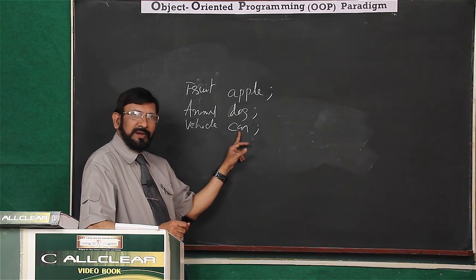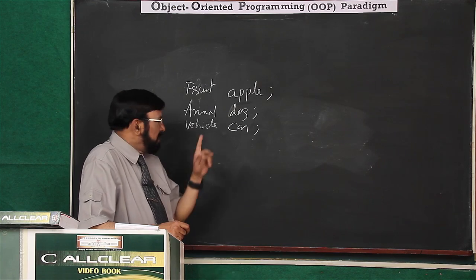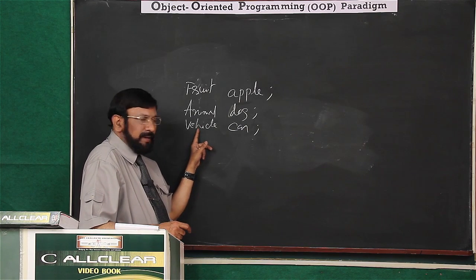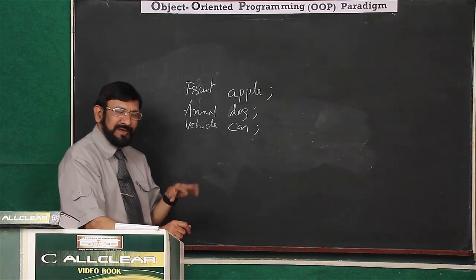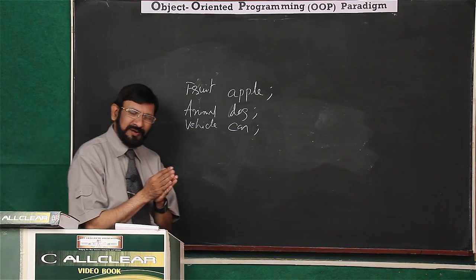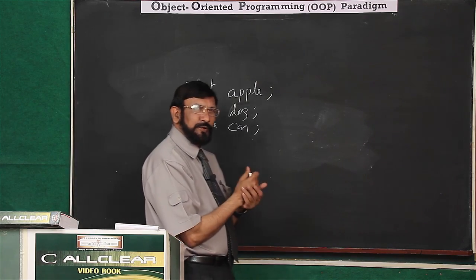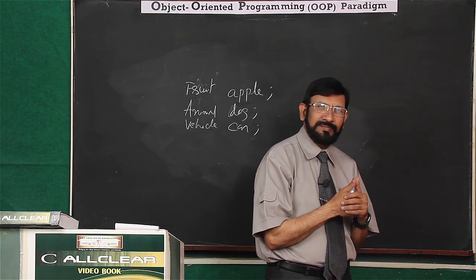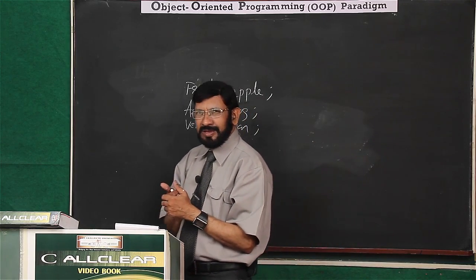Here, what can you tell? Car has four wheels. Understand? Here it is abstract, but here it is realistic. And one more thing about abstract. What is abstract? I have to explain. I ask you, you know what a vehicle is. Can you draw the picture of a vehicle?